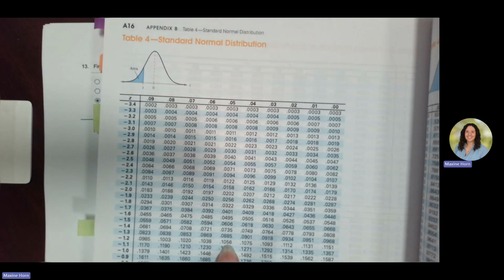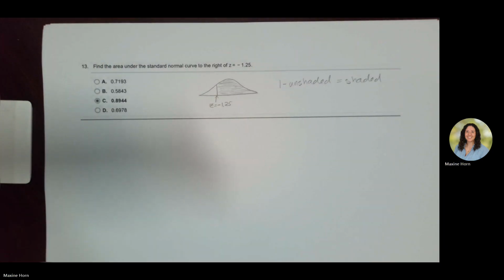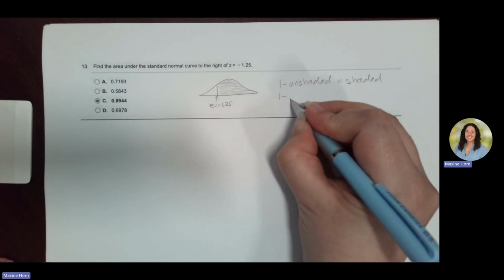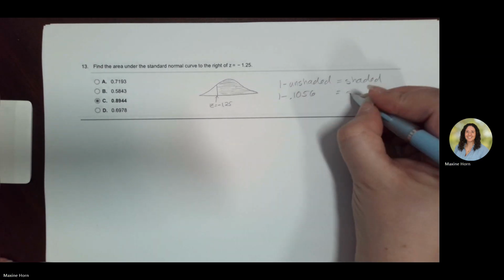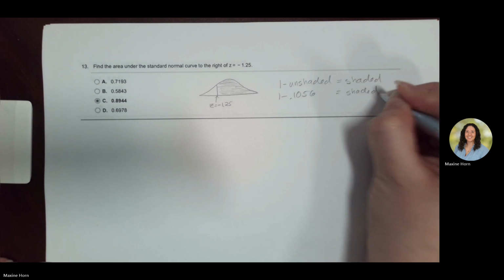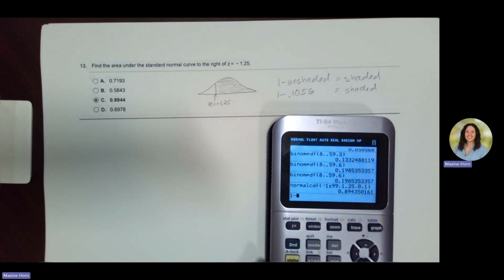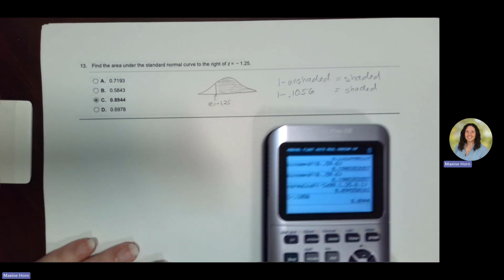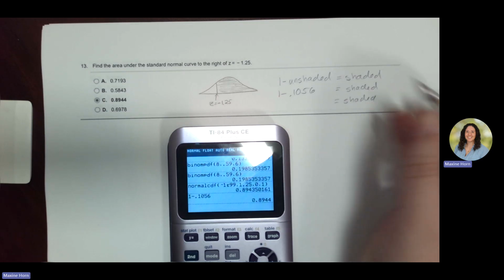So the unshaded region is 0.1056. So in my calculator, I say, well, what's the complement of that? What's 1 minus 0.1056? It's 0.8944. So the shaded region is 0.8944.